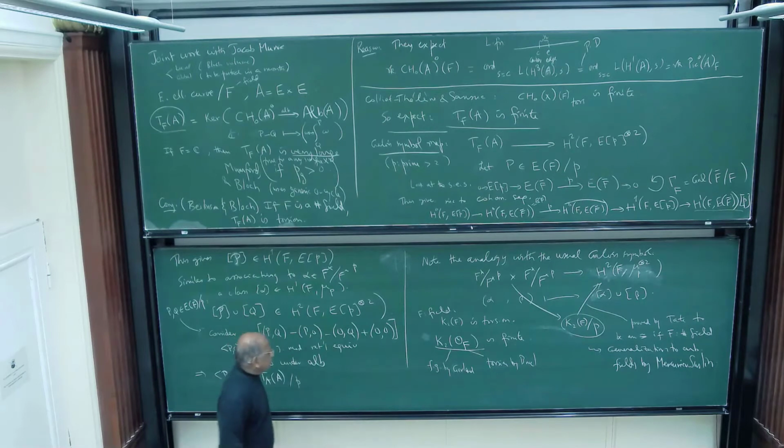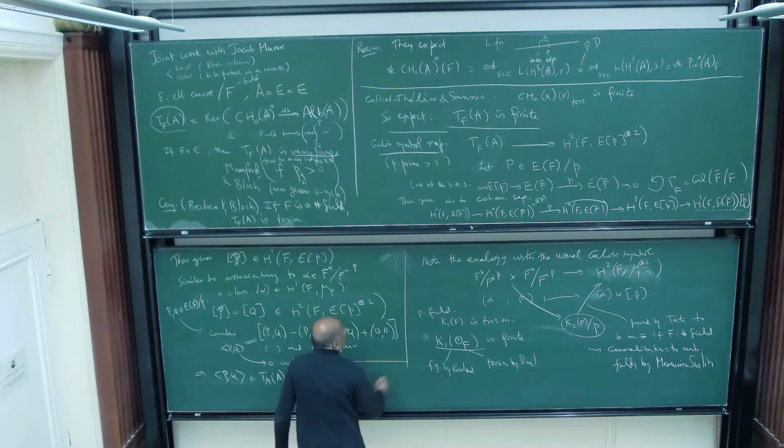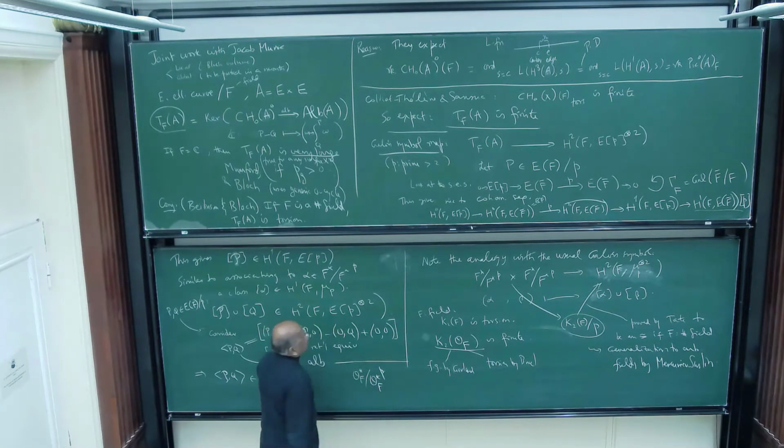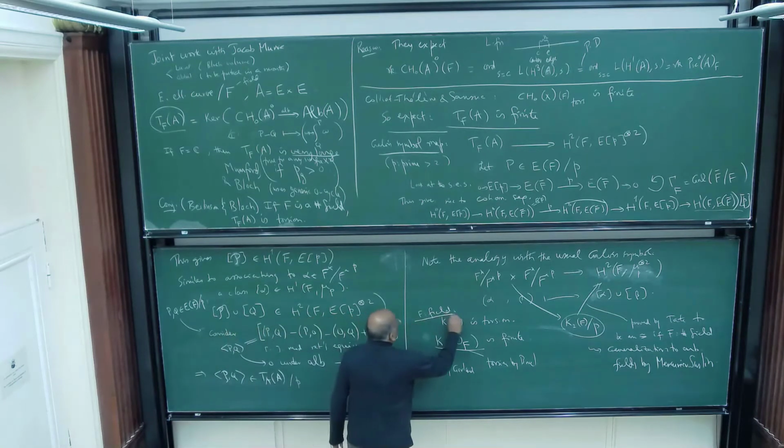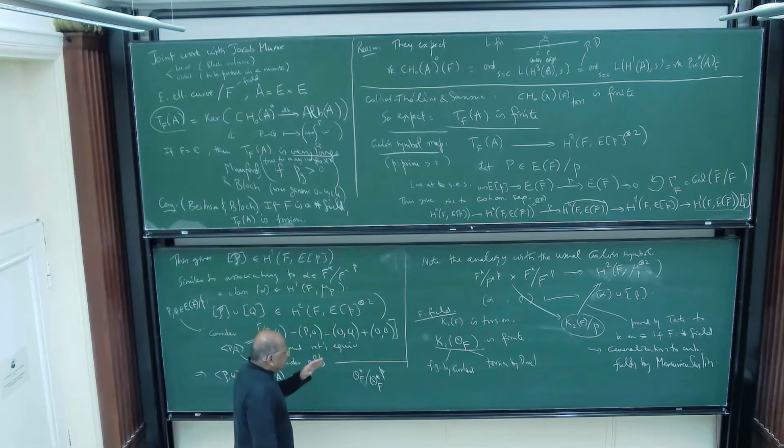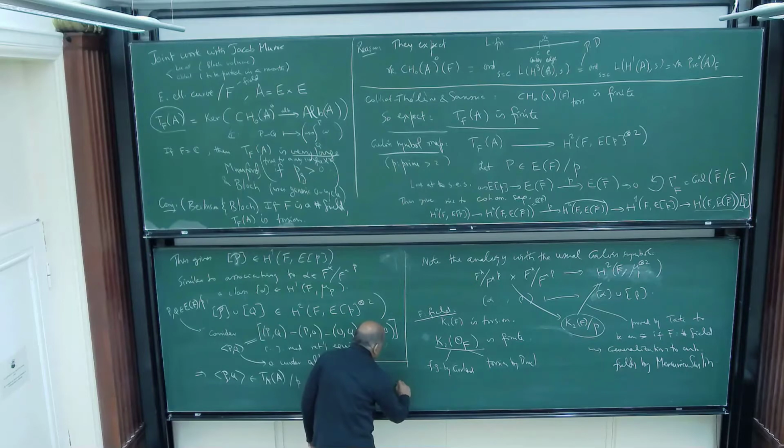And also, this is important because here, if I take O_F star mod O_F star to the p, then you can actually identify, so let's say F is a local or global field, and you take S to be Spec O_F. Then you can identify this with H1 in the flat topology of S with coefficients in mu p.